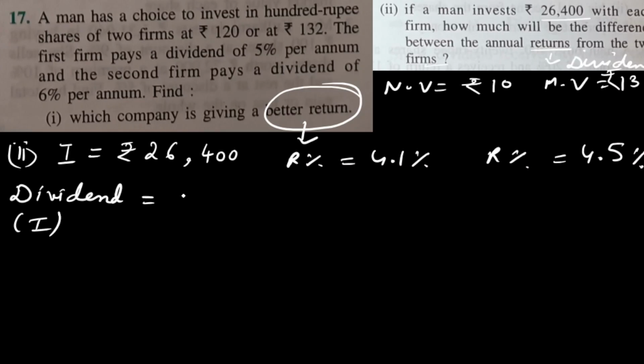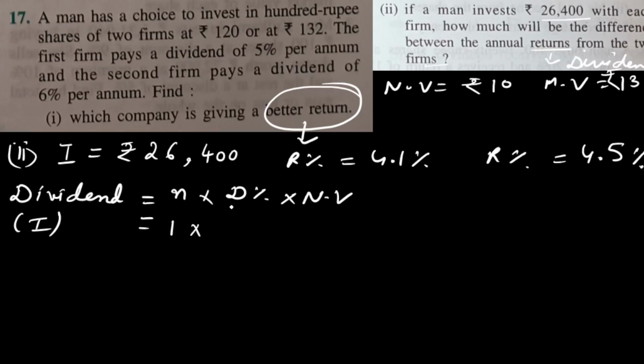This is equals to number of shares into dividend percent into nominal value, right? Here number of shares are not given to us. If number of shares are not given, so what we can do whenever we are doing comparison, we can find for one also. So I'm just assuming number of shares as one share only. Let's find the dividend for one share.